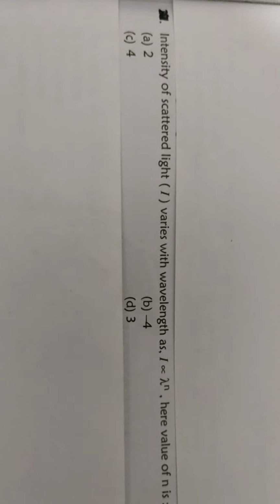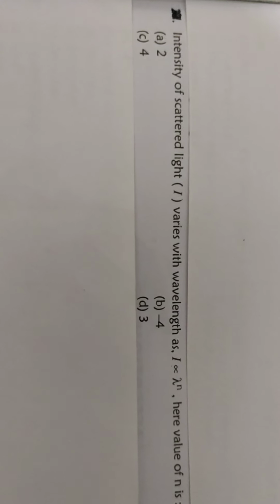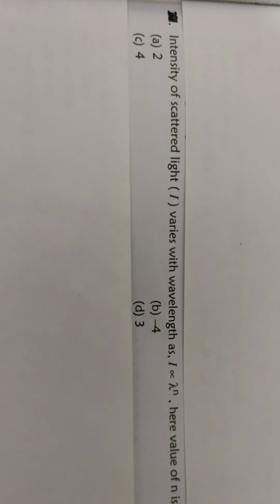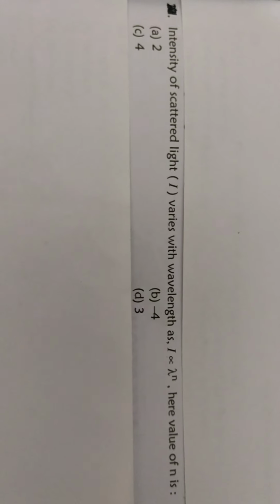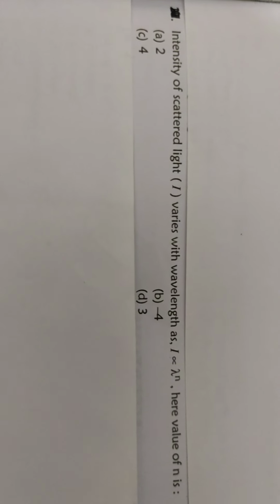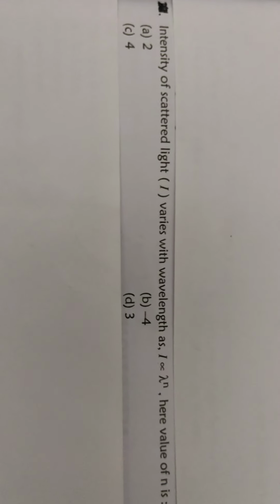Rayleigh's law of scattering states that the amount of light scattered is inversely proportional to the 4th power of its wavelength. And obviously the amount of light scattered is related to intensity. So intensity is inversely proportional to the 4th power of its wavelength. It means n should be -4. So B is the correct option.